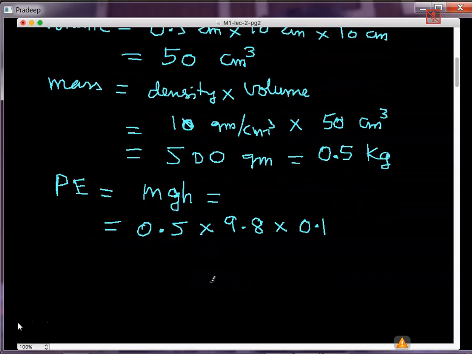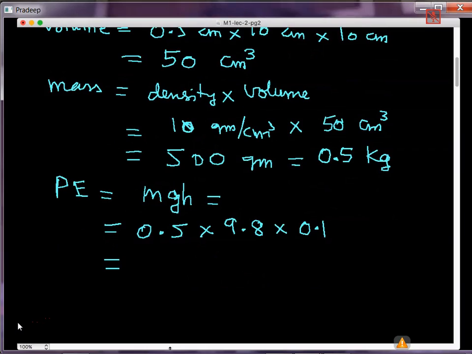So how much is this? So this I calculated, it is 0.49 joules.